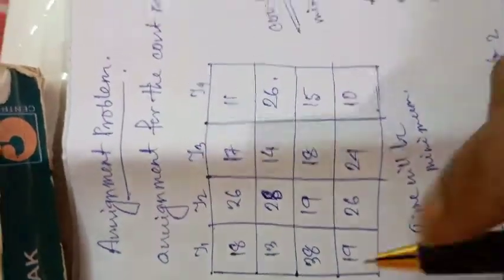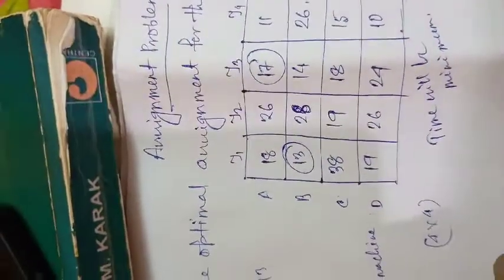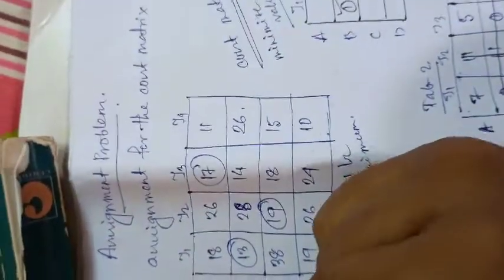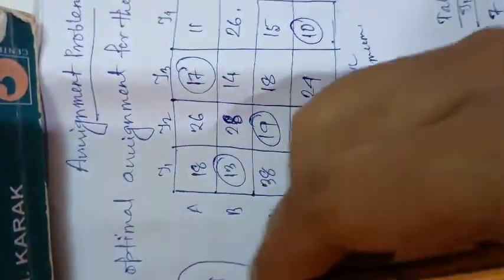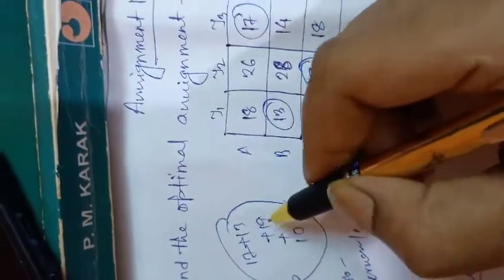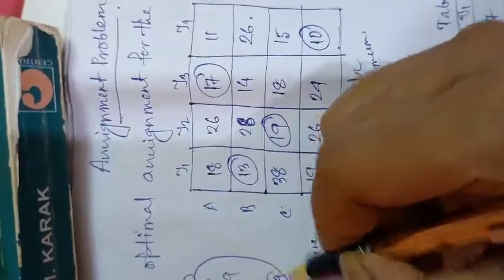And now if we follow the main matrix, A to J3 will take 17 units, B to J1 will take 13 units, C to J2 will take 19 units, and D to J4 will take 10 units. Now if we add all this, the minimum optimal cost will be 17 plus 13 plus 19 plus 10, that is 59. So 59 units will be the total cost.